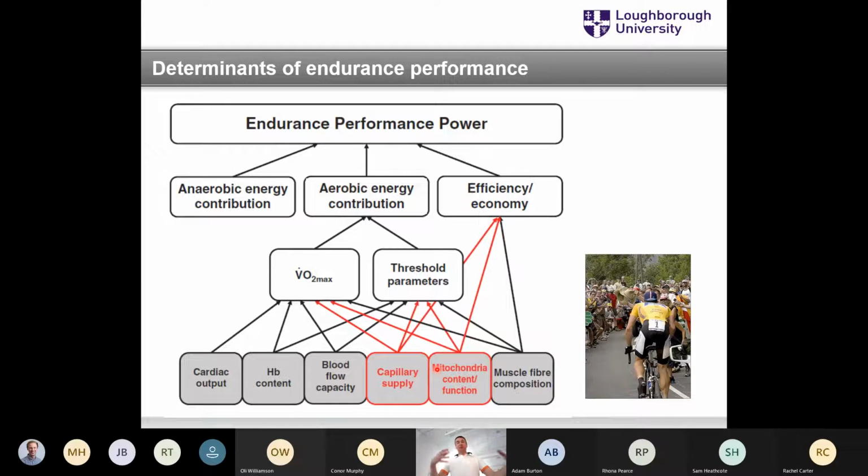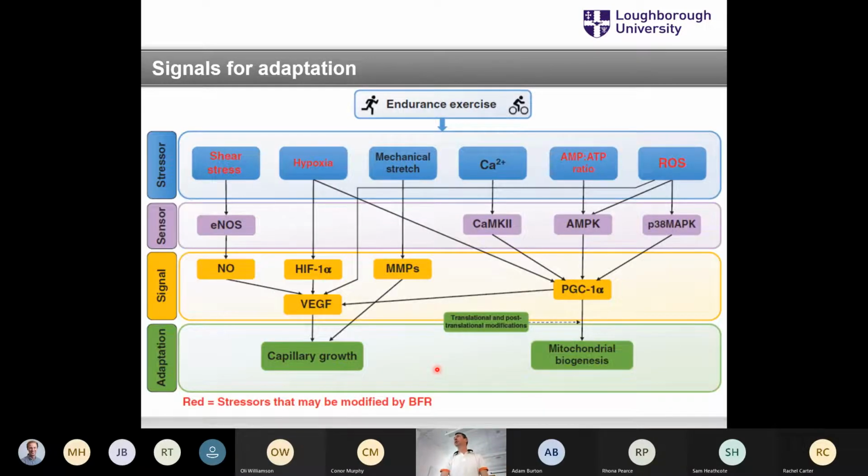But in terms of understanding the role of these determinants, what we really need is an appreciation of what the signals for adaptation in response to training are. And this is a complex area, but this slide is a very simplified viewpoint of those signals that occur within the skeletal muscle and the endothelial cells that regulate the adaptive response.